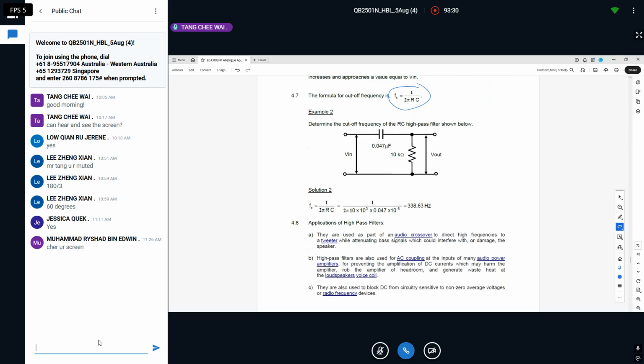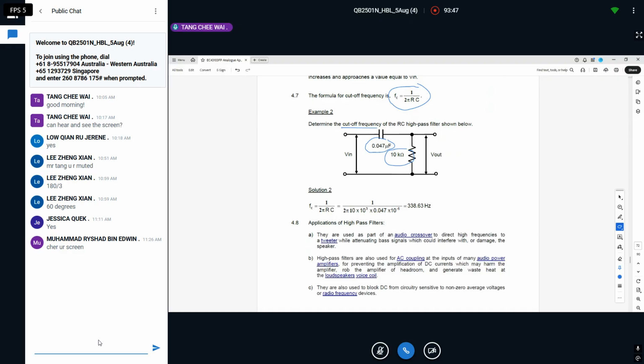Let's take a look at the example here for some calculation. Again, they want you to calculate the cutoff frequency. What is given? The capacitor value is 0.047 microfarad, and the resistor is given as 10k ohms.